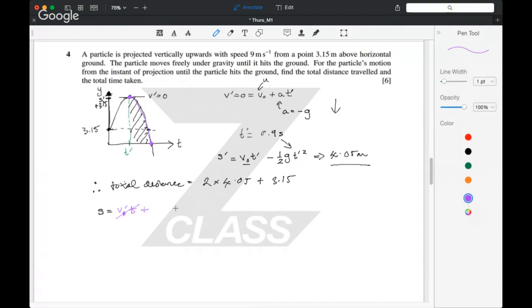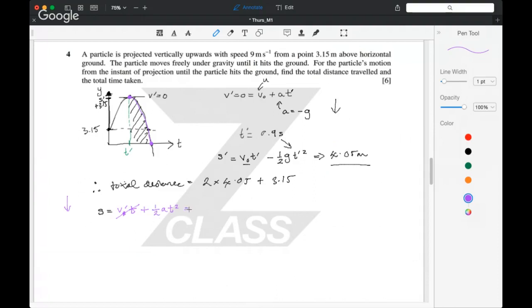Plus, now here it's going to be 1/2 a t squared, right? But the little subtlety I'm introducing is now I'm talking about distance, like it's traveling downwards. So I'm sort of reversing my convention. Otherwise, you'll get a negative distance, which might confuse you.